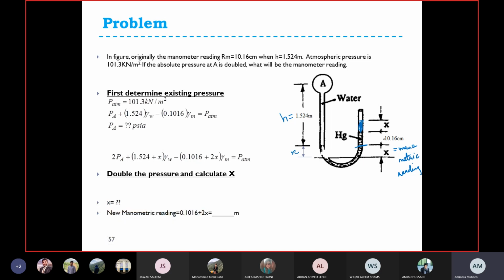If the pressure is doubled, then here it is the same fluid. This fluid with greater pressure will be pushing the manometric fluid further downward by x dimension, and in the other tube the same x dimension would be pulled upward.